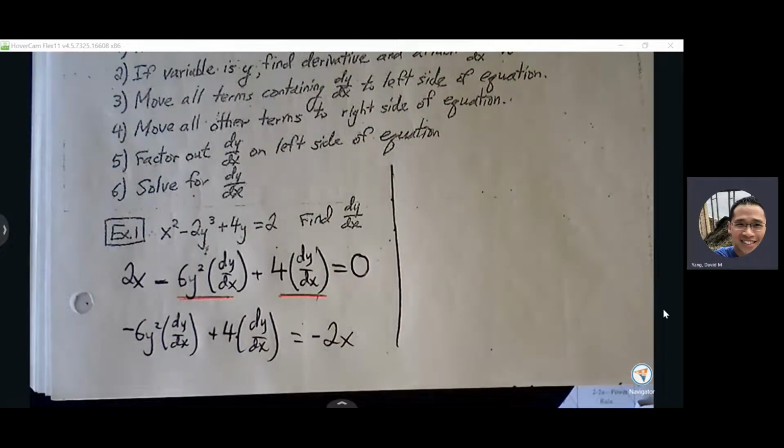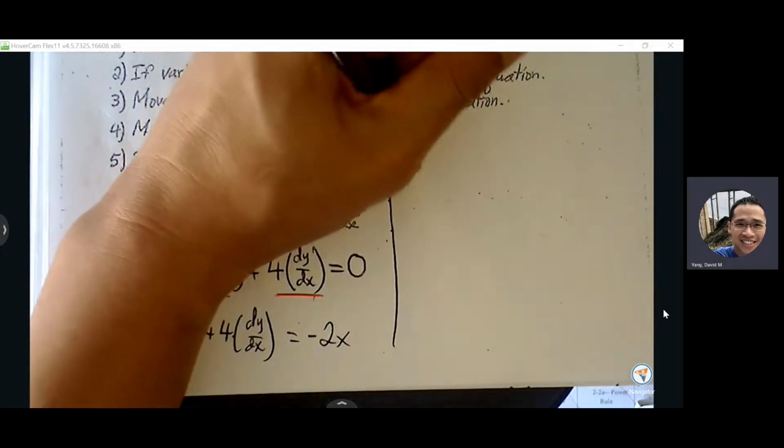So we're done with the calculus. Now we're just rearranging and algebraically trying to get that variable that we want, that dy dx variable, by itself. Okay, so now we can cleanly factor out the dy dx. Now there may be other common factors, but you only care about isolating dy dx. So let's ignore the fact that we could probably factor out more than just dy dx, and we just focus on the dy dx.